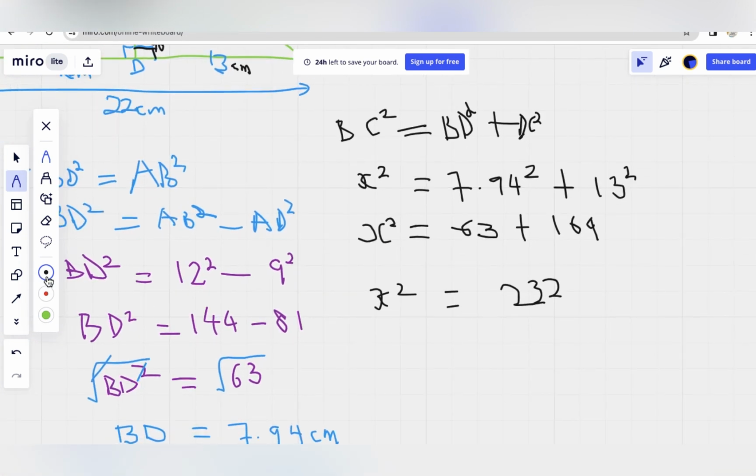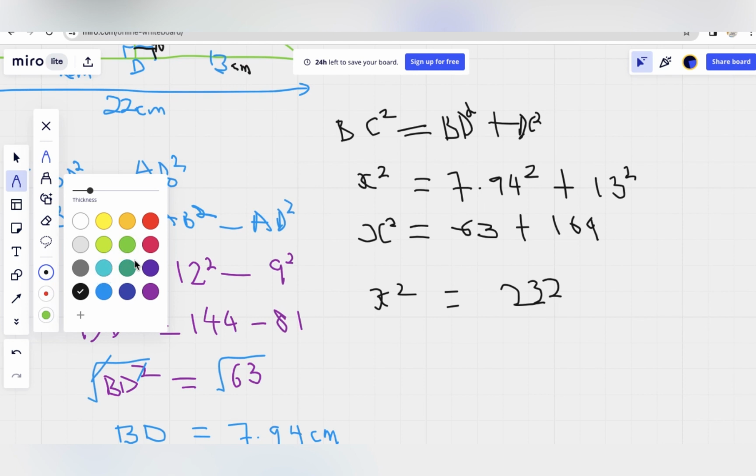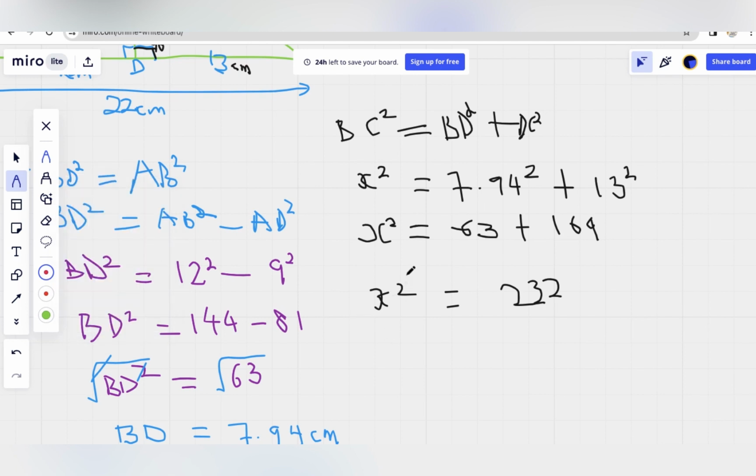In doing that, you introduce the square root here; square root of x square, you get x. And the square root of 232, what's the square root? 15.23.